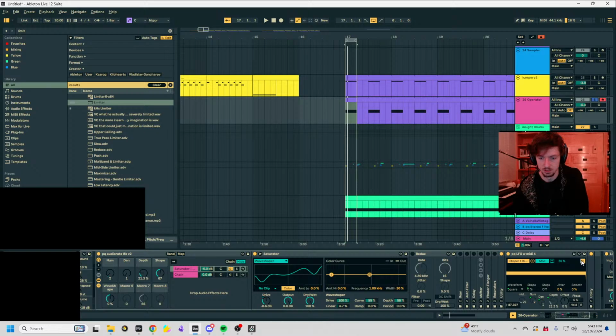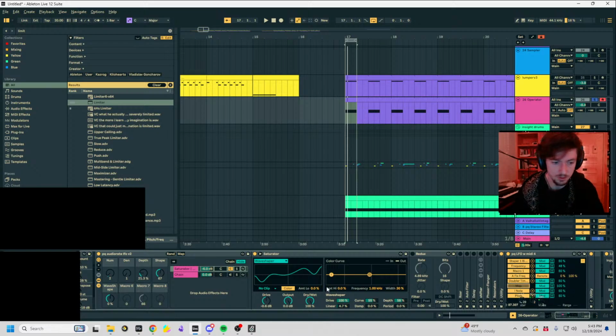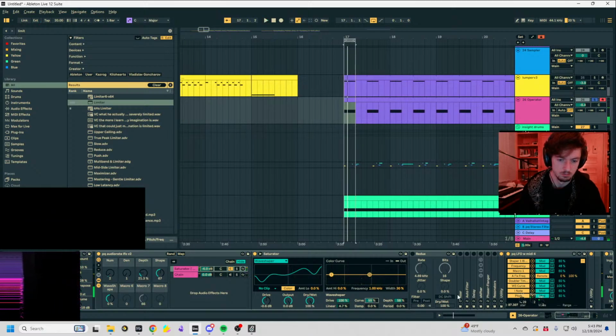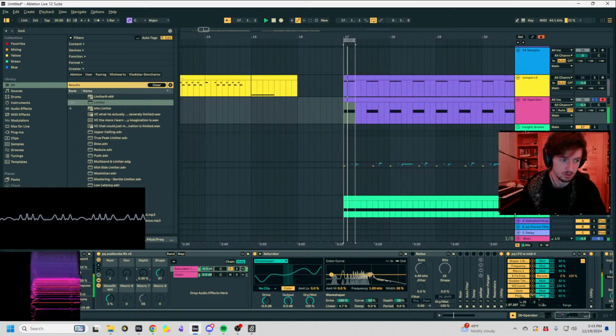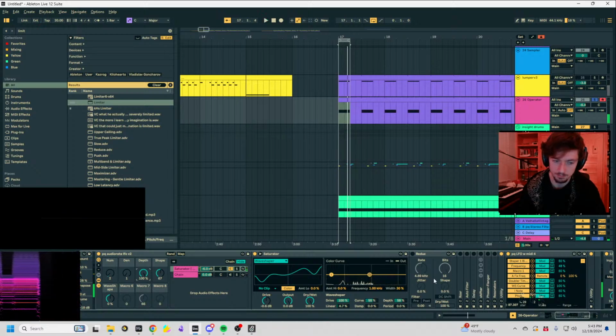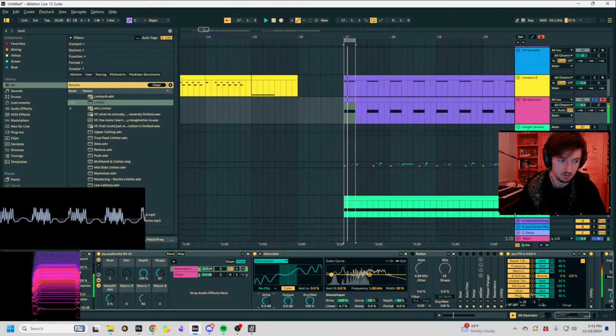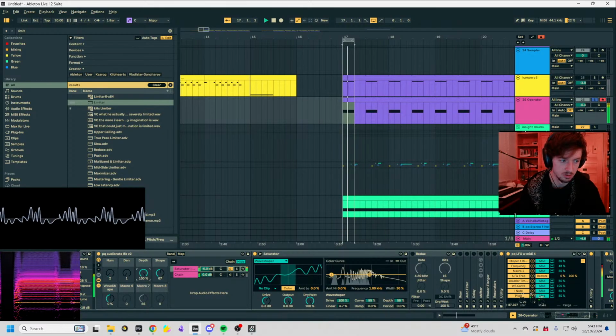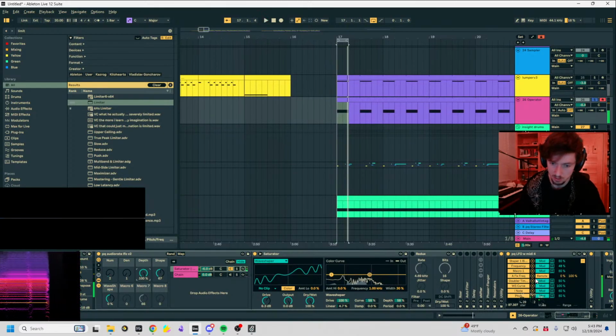What was I gonna do? Oh. Let's map. What if instead of drive, we mapped it to like curve? That's disappointing. Okay, extremely disappointing. More drive. Very disappointing.